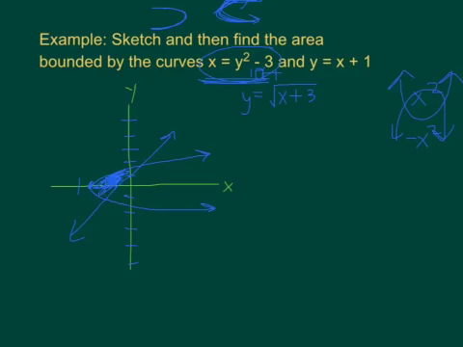Take a moment, if you would, to try to find the intersection points. You can use substitution. You could use a graphing utility, I guess, if you want. Alright, so we're back. Did you find this intersection to be when y is equal to 2? And did you find this intersection to be when y is equal to negative 1?